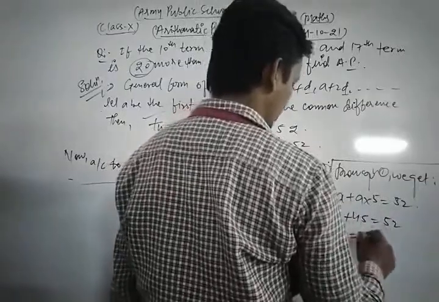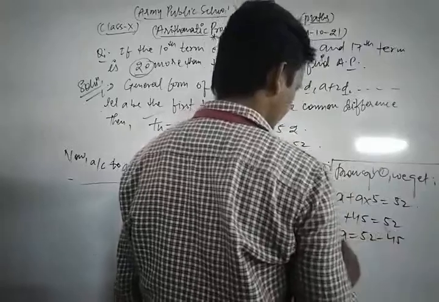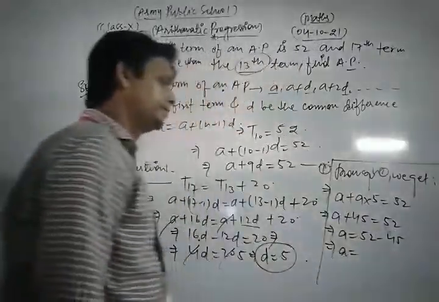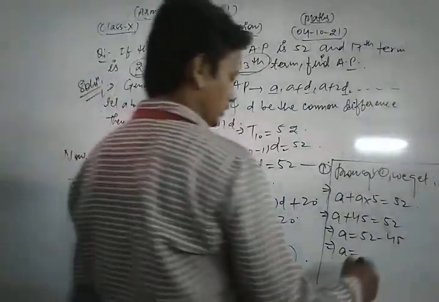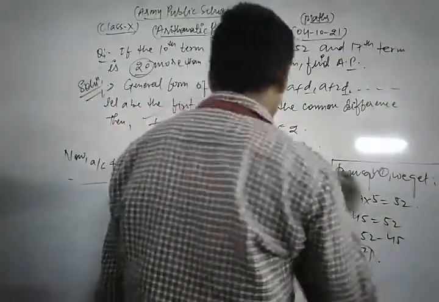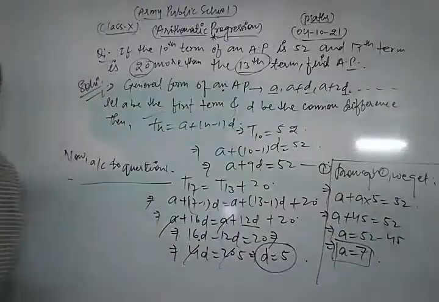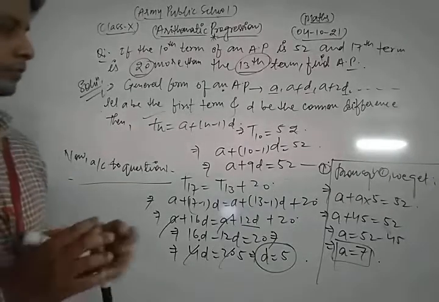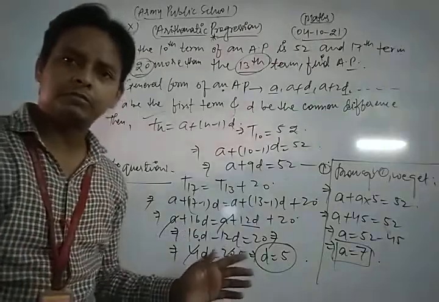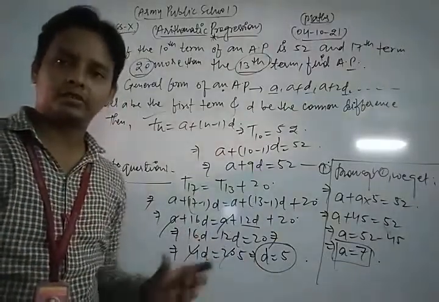That is, a is equal to 52 minus 45, so a is equal to 7. In this way, we find the first term as well as the common difference of the given AP.